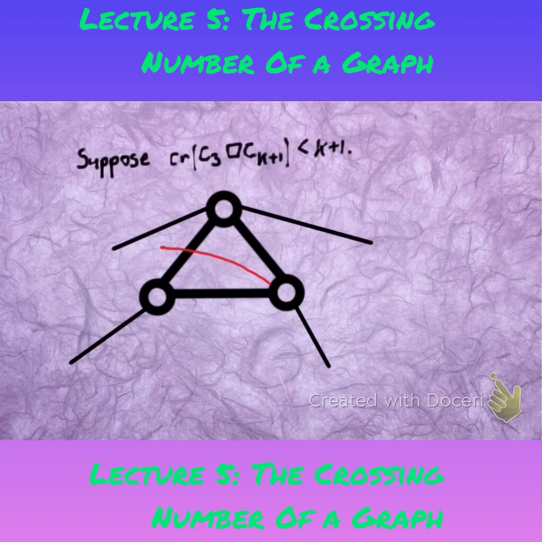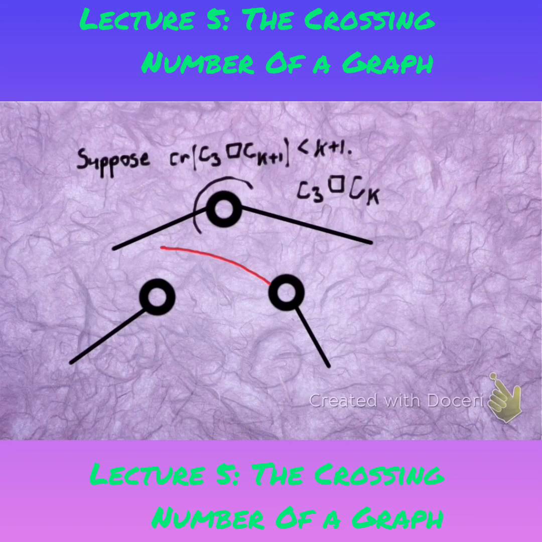So you form a new graph by deleting these edges here. How many crossings have I eliminated? I've eliminated one crossing. But what is this new graph? It is going to be a subdivision of C3 Cartesian C_k.